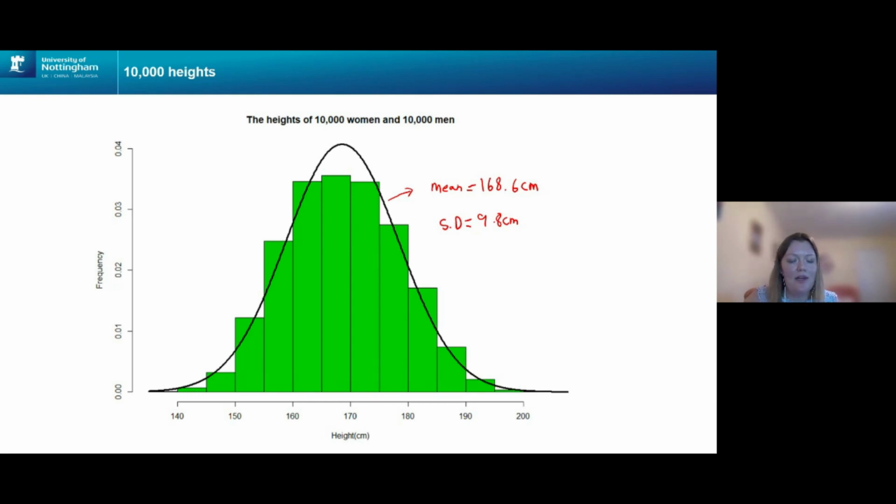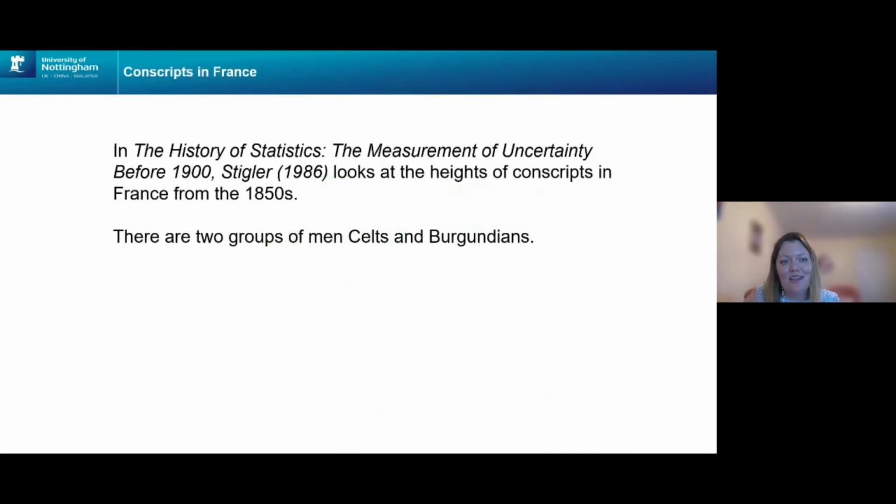It's actually 9.8 centimetres. So we're going to look at one final example today, which is about some conscripts in France. In this book that's mentioned here, it looks at the heights of conscripts in France from the 1850s. There are 2 groups of men among the conscripts: the Celts and the Burgundians.